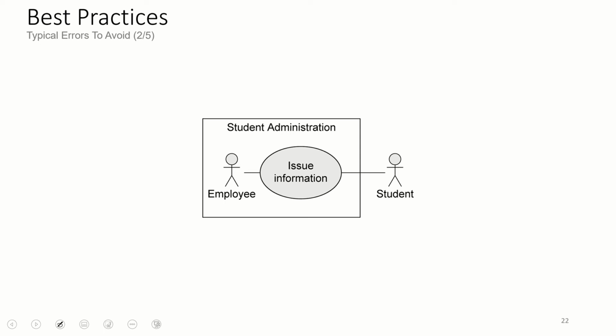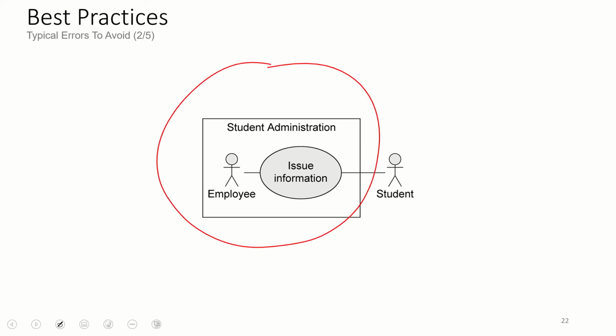As we said, we want the actor to interact with the system, and in the system we have the use cases. In this example, the system is student administration, but it does not include employee, right? So that's a common problem.